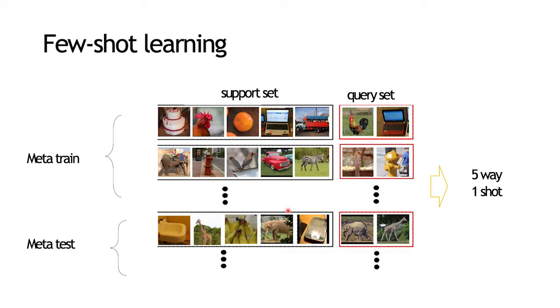Each segment includes a support set and a query set, where the number of categories in the support set is 5, and the number of each class in the support set is 1, where the number of each class in the training query set is generally chosen to be 3 times that of the support set.